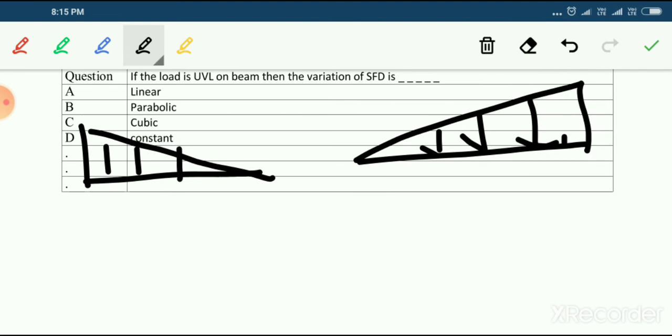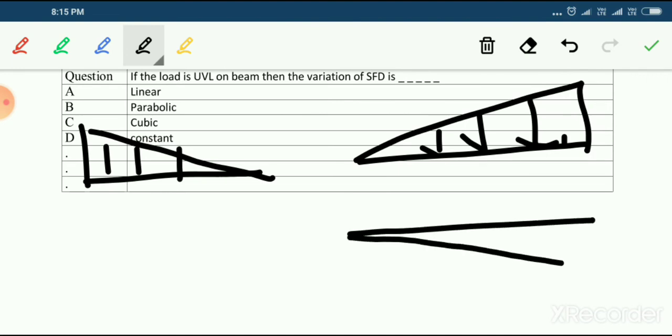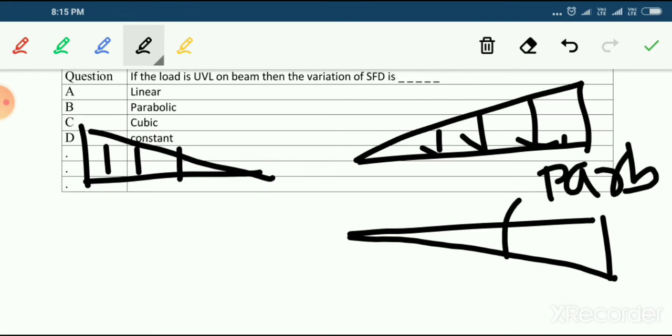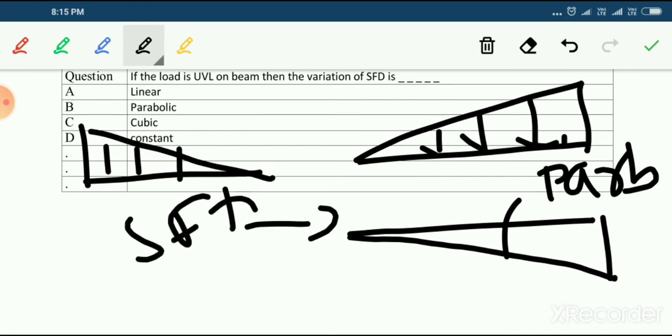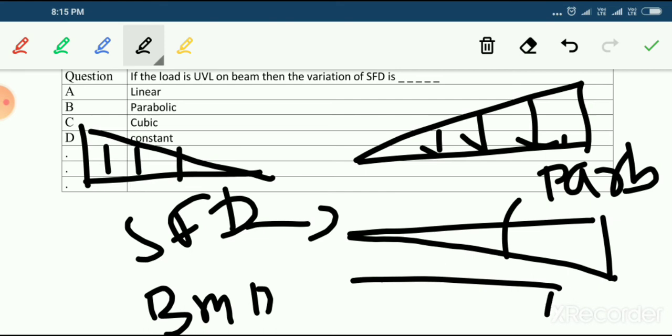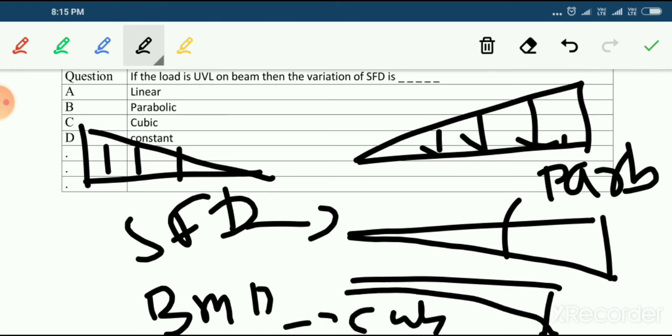For this one you may get the bending moment diagram like that. This curve is parabolic. For SFD it will be parabolic, and for BMD it will be cubic.